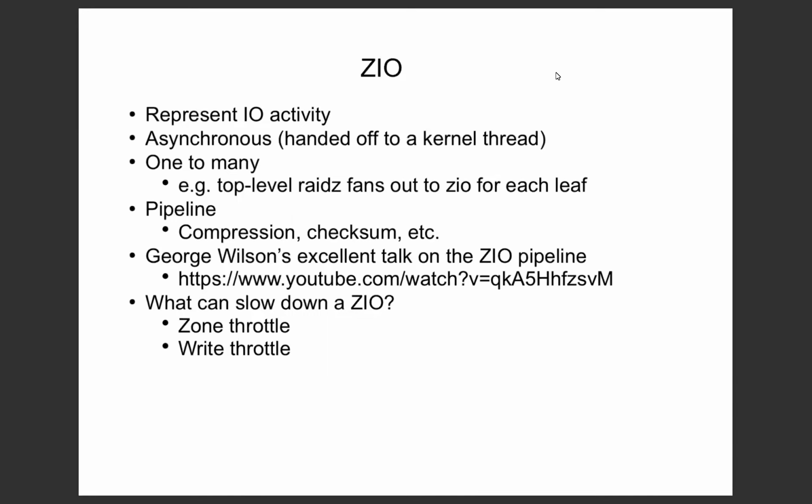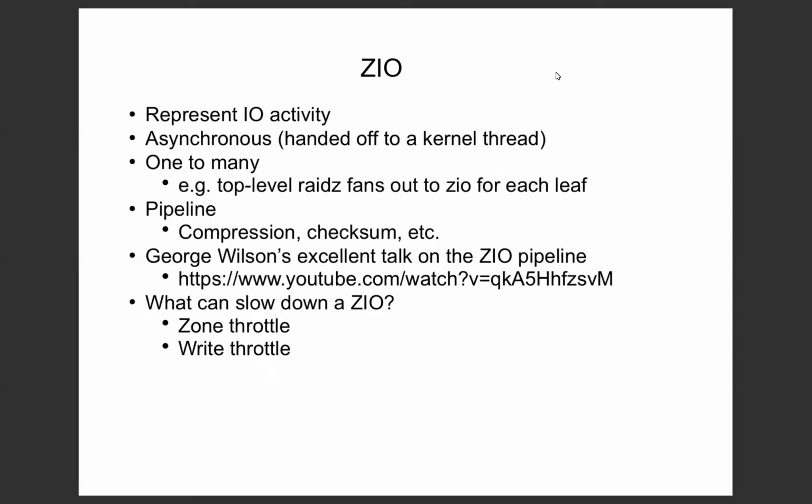But what I want to talk about today is not the mechanism of the ZIO per se, but what slows this down. If we're thinking about performance and wondering what's happening, what can actually slow things down? There are several different mechanisms that could get in the way. One of the first things to be aware of is what's called the zone throttle.